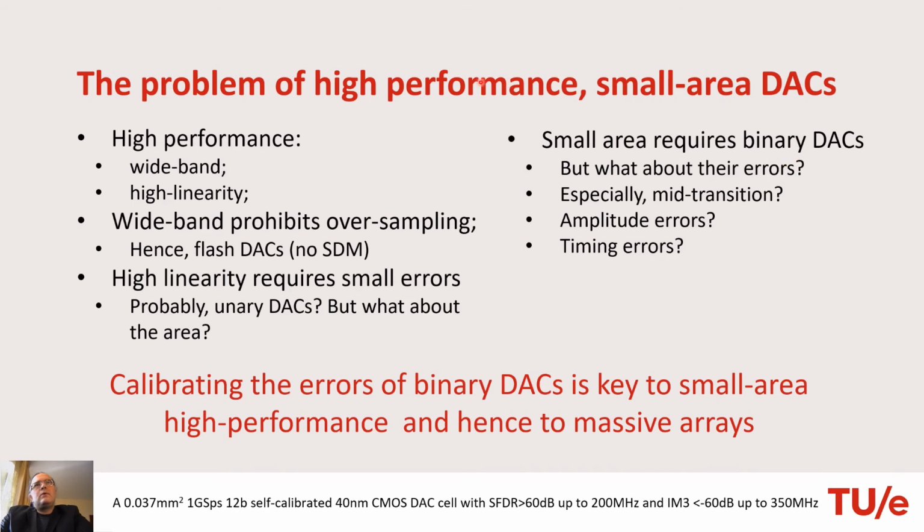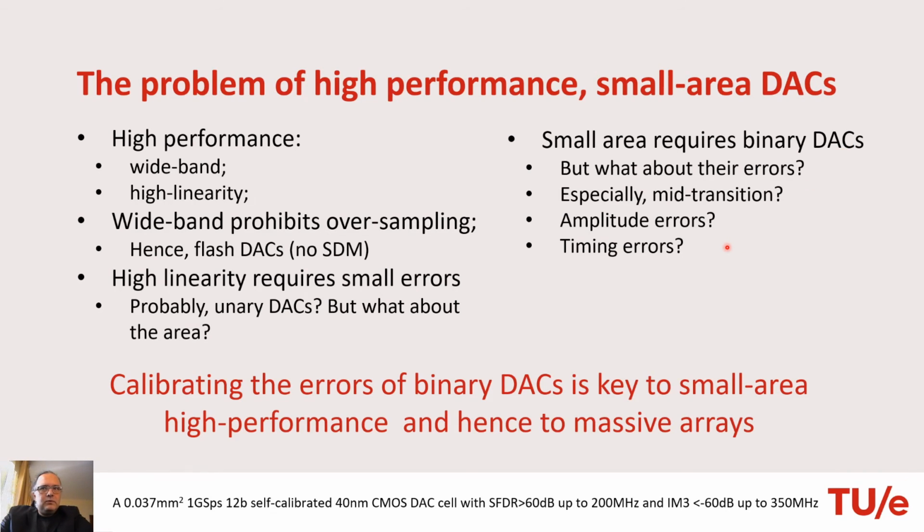So this means that if we want to enable massive integration of D2A cells, and we want them to be small, power efficient, and fast, we have to enable binary D2A converters with small errors.